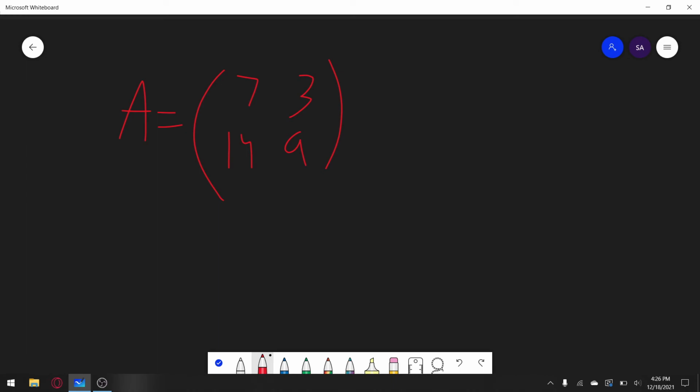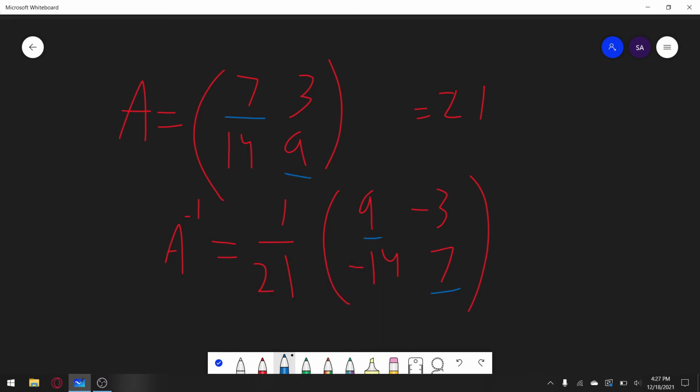First, you would have to find the determinant, which is 21. Then, to find the inverse, A inverse is equal to 1 upon 21, and then 9, minus 3, minus 14, and 7. See what I did? I swapped the 9 and the 7, and I put a minus next to 3 and 14. So that's how you find the inverse.